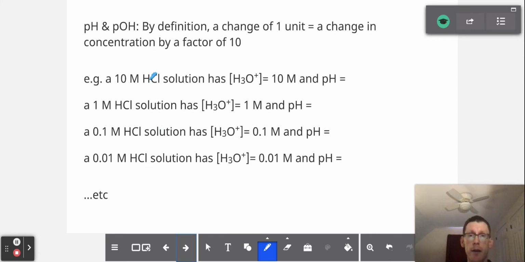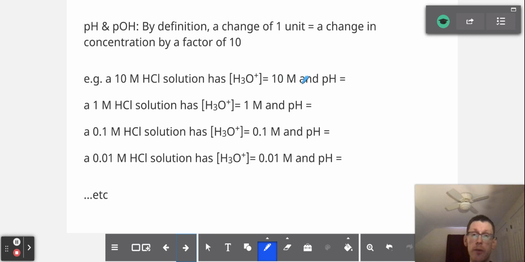I do want to point out, before we get into all the nitty gritty of the math, that by definition, a change of 1 pH unit means a concentration change by a factor of 10. So if you have a 10 molar concentration of HCl, we know that for a strong acid like HCl, whatever the concentration of the acid is also equal to the concentration of the H3O+.